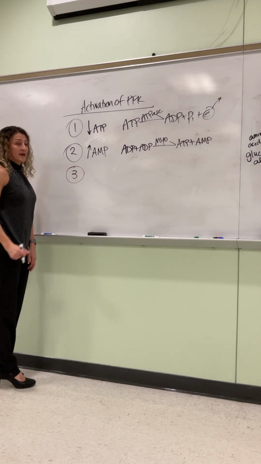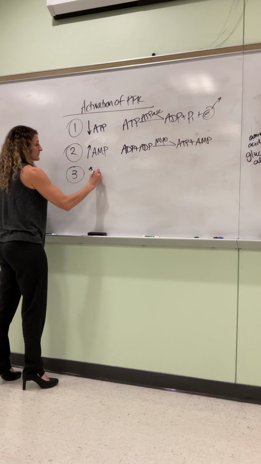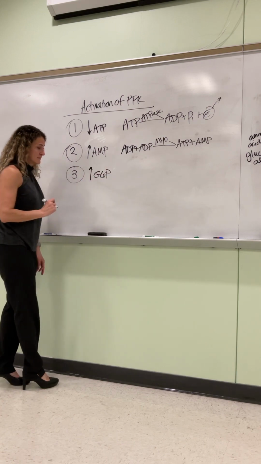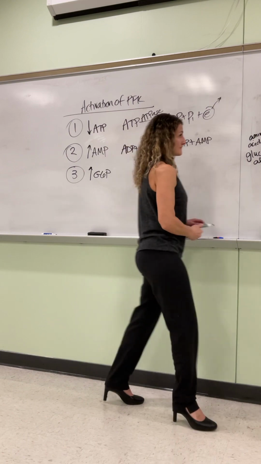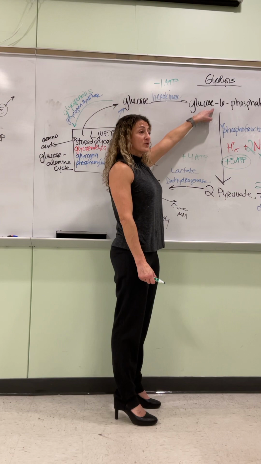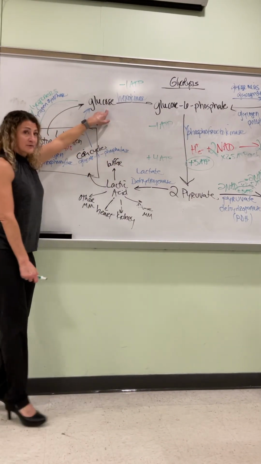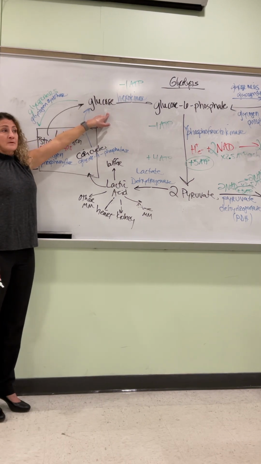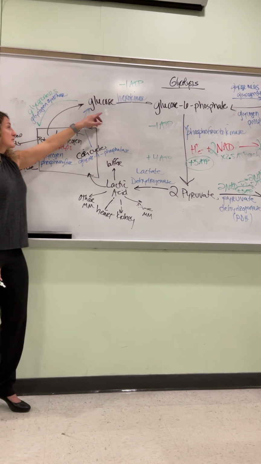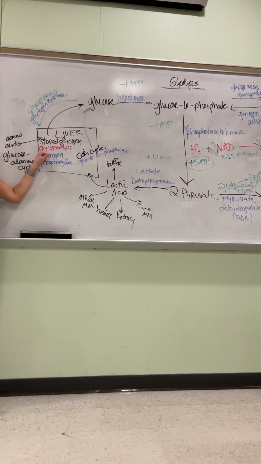Third factor that activates PFK is high levels of glucose 6-phosphate. That's here. Most of the glucose 6-phosphate that we're getting is coming from glucose. Most of our glucose is coming from stored glycogen. That process is glycogenolysis and is controlled by glycogen phosphorylase.